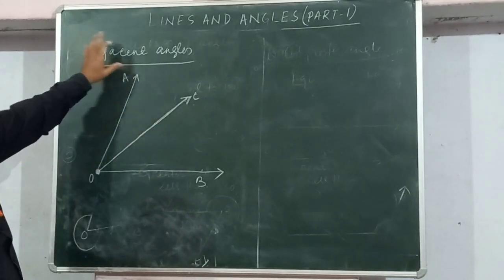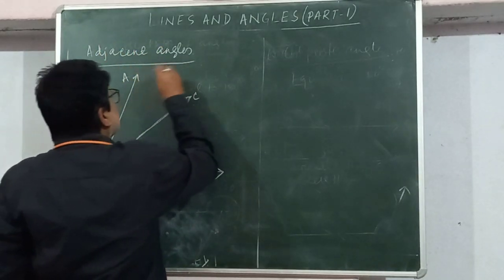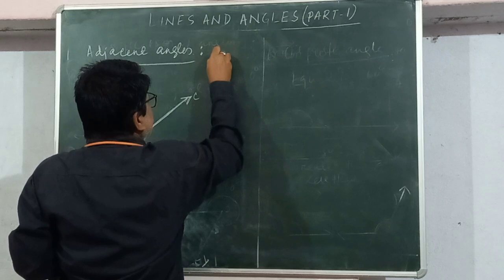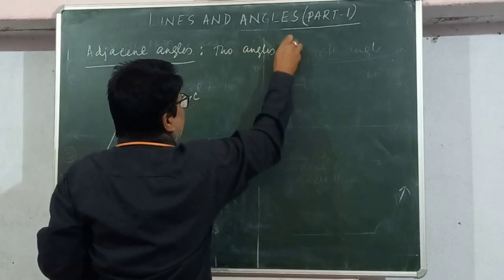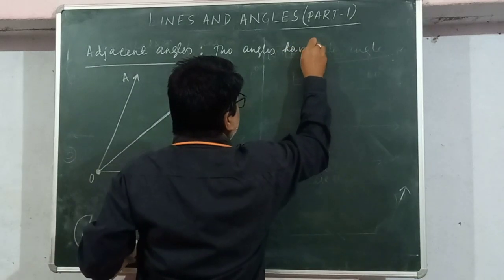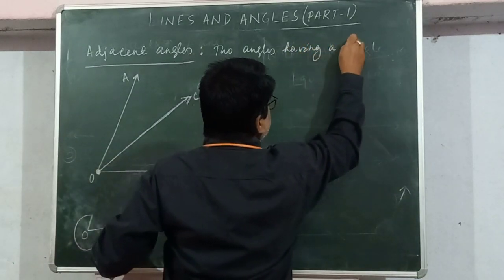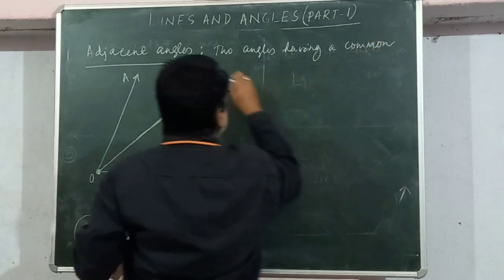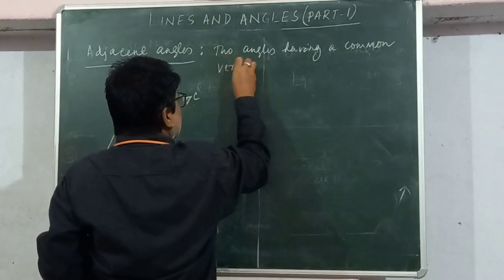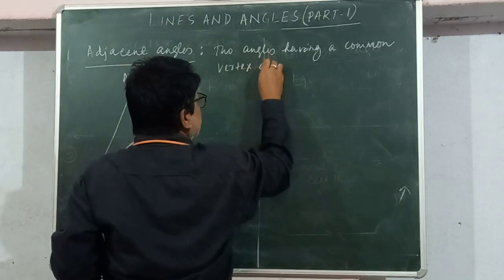So a pair of adjacent angles means two angles having a common vertex and a common arm.